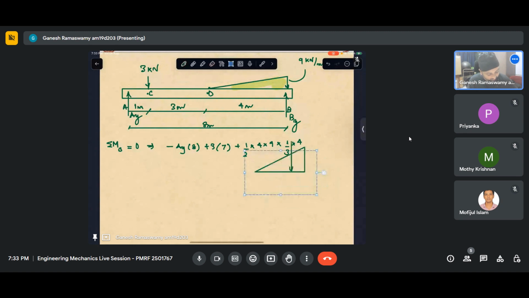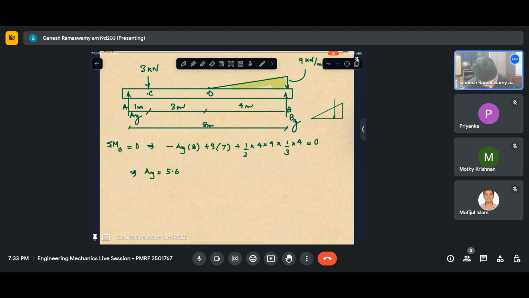So that is what has been applied here. I suppose it is clear. So I'm getting 5.625. If you are also solving along, please verify that it is correct. So I have got AY to be 5.625.